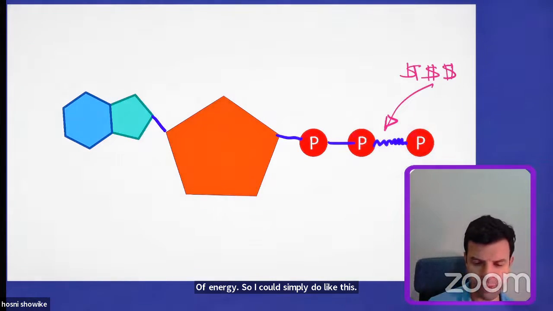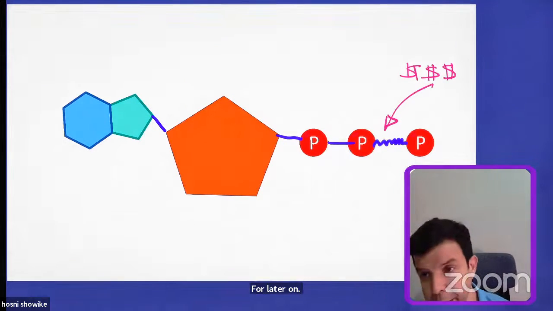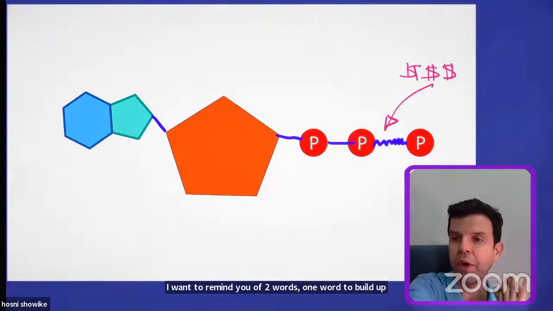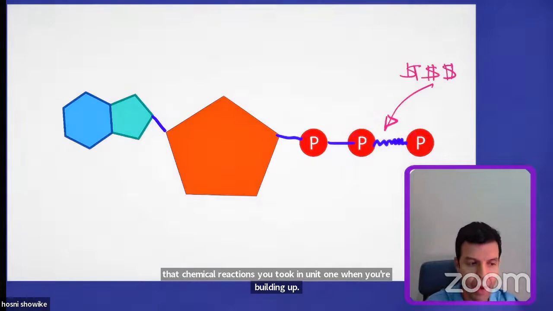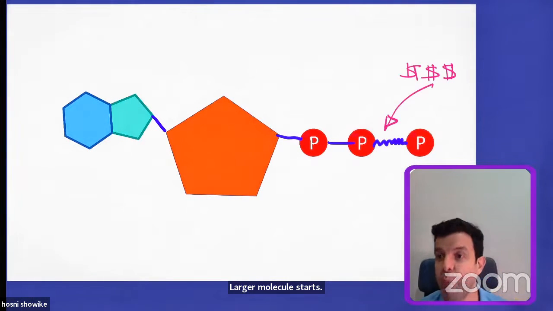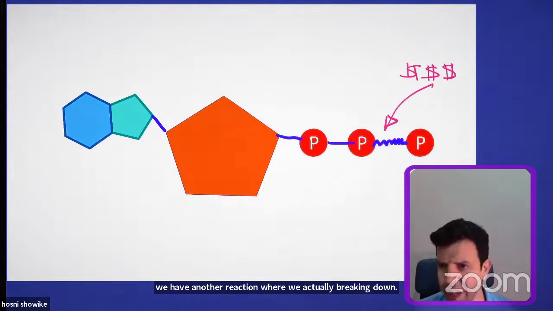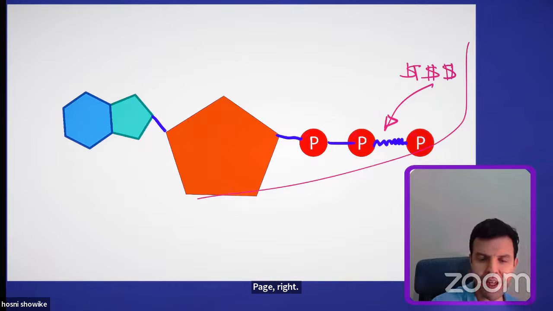I want to remind you of 2 words. One word, to build up. Do you remember that chemical reaction you took in unit 1 when you're building up a larger molecule, which starts with C? And we have another reaction where we're breaking down, and that starts with H, right? So ATP can be broken down or built up.